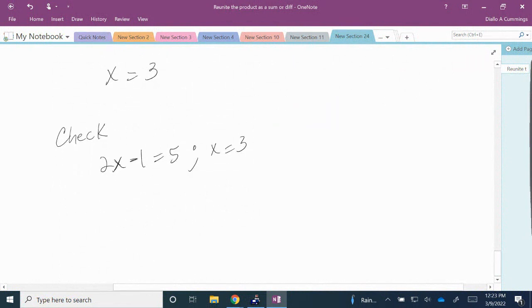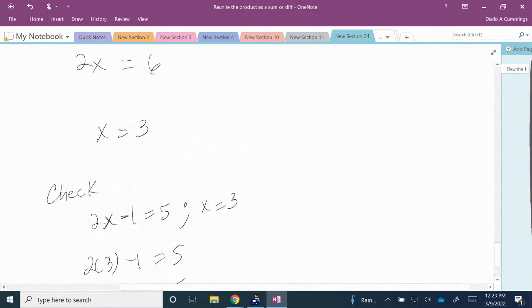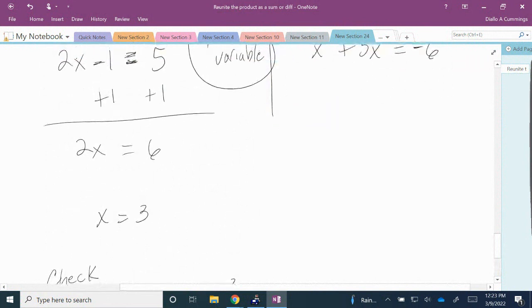If x is the solution, it's the magic number that will make both sides equal to each other. So wherever I see an x, I substitute a 3. 2 times 3 is 6, 6 minus 1 is 5, so 5 is equal to 5. So that is a linear method.